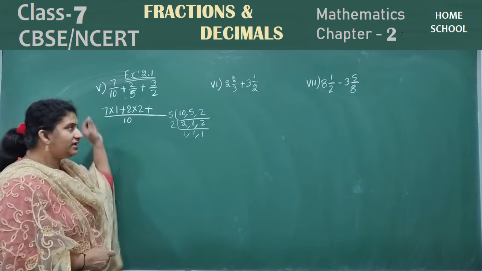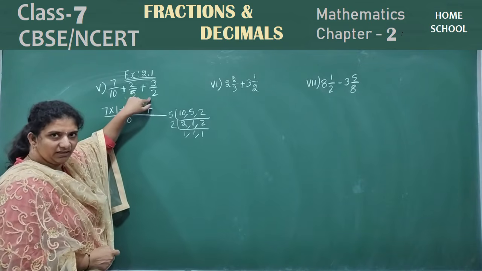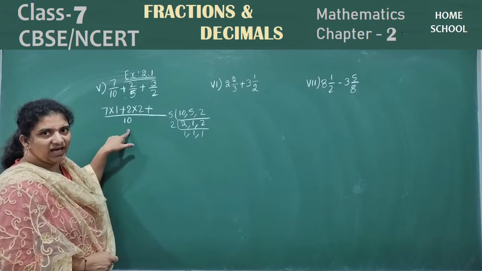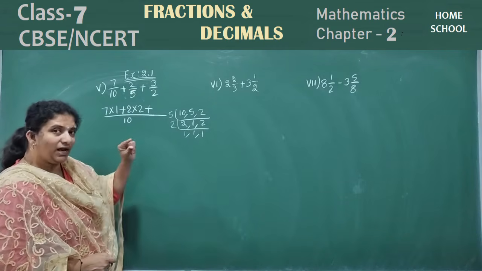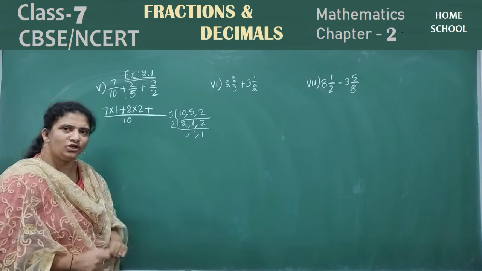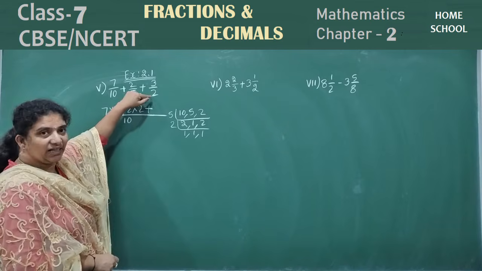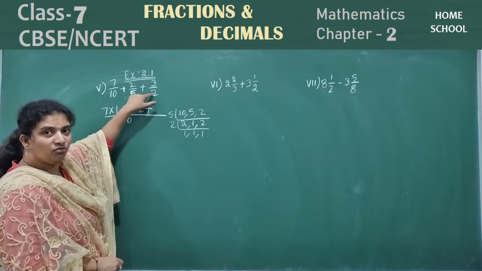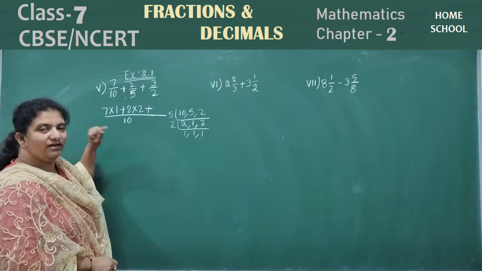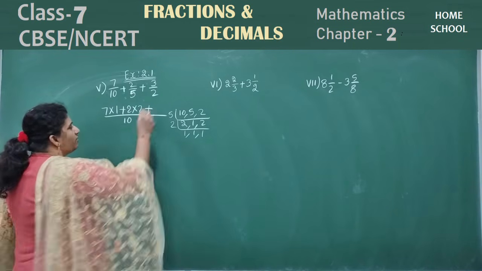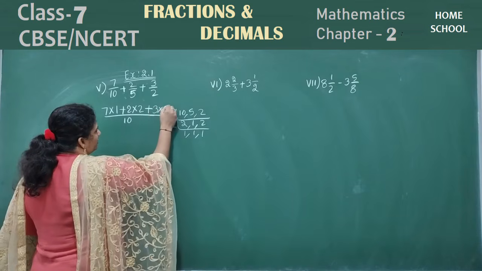How we are doing children? Seeing the denominator, with what you multiply, you get this LCM value, you are checking. That multiple you are multiplying for the numerator. So now you try to say me here. 2 table, where you will get 10? 2 5s are 10. That 5 where we are going to write for the numerator. So multiply 5 for 3.